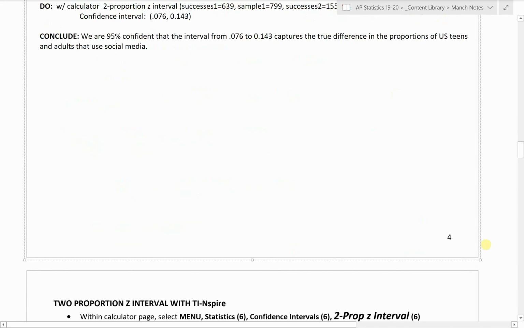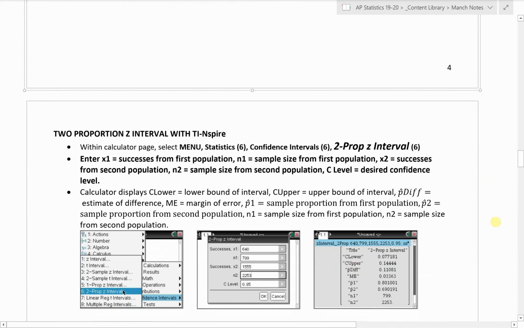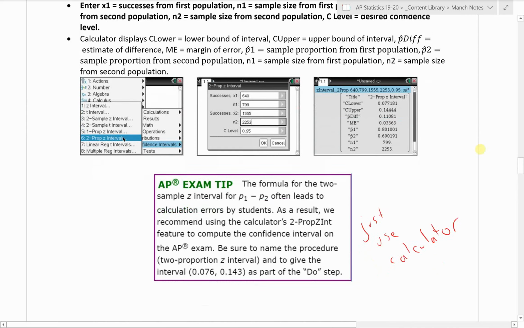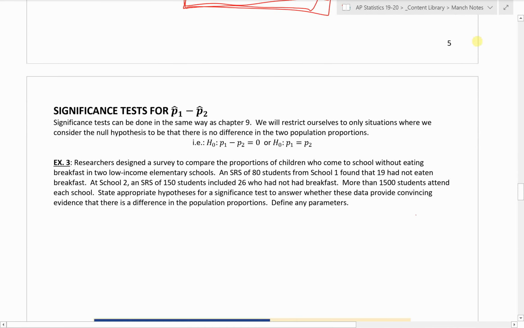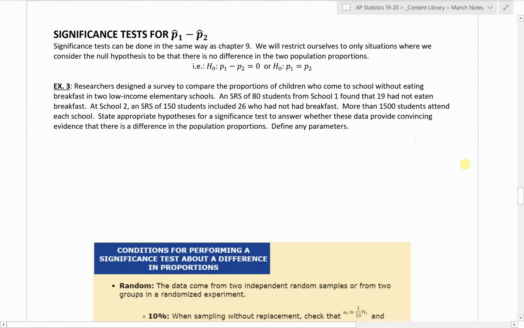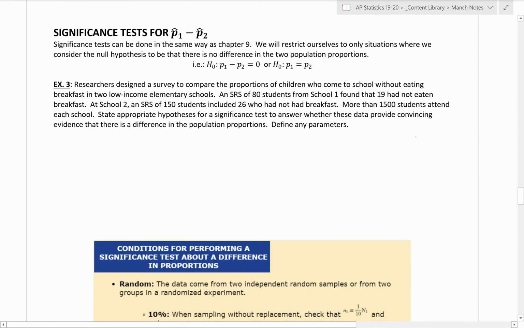So, what we want to do now is we know that confidence intervals pair nicely with significance tests. So, we want to also talk about how we can do a significance test. The significance test is trying to find more concretely whether there is truly a difference.